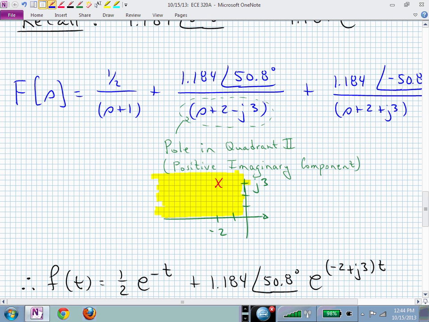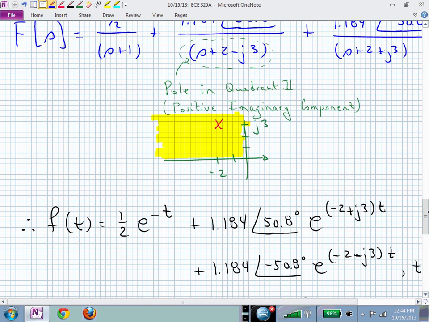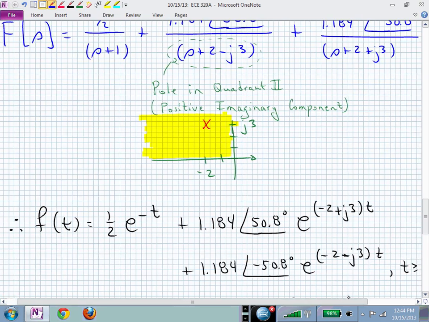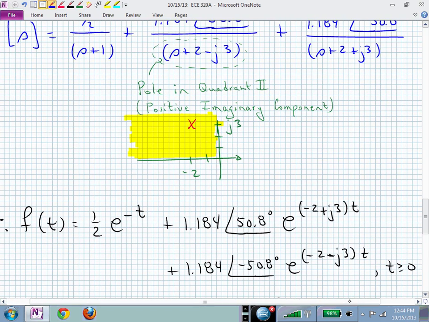If you look up this pair in the table, you want to make sure that you're using the partial fraction expansion coefficient above that particular pole factor. Then you get your angle correct. In this case, that angle was a positive 50.8 degrees, meaning if we simply used our knowledge of S plus A being e to the minus AT, then we would have something like this in our time domain expression.